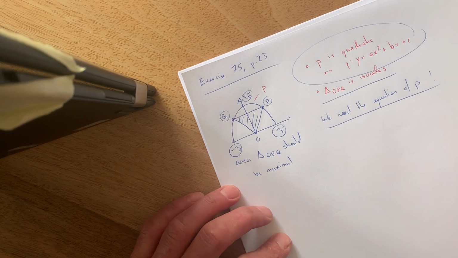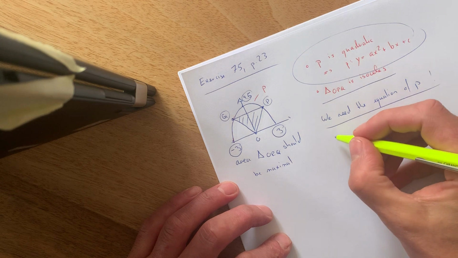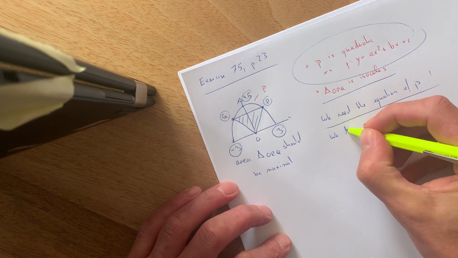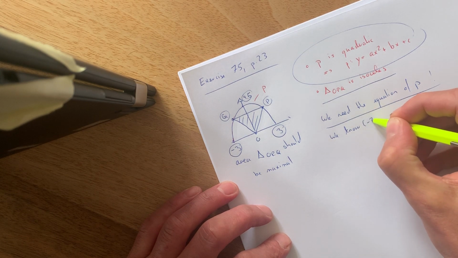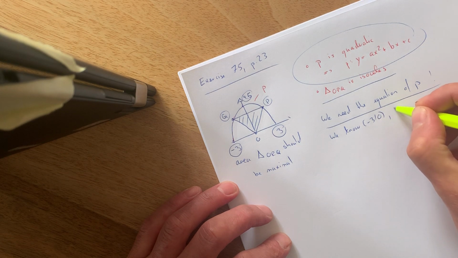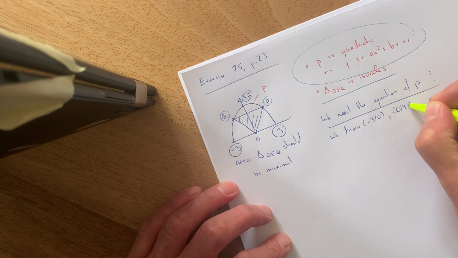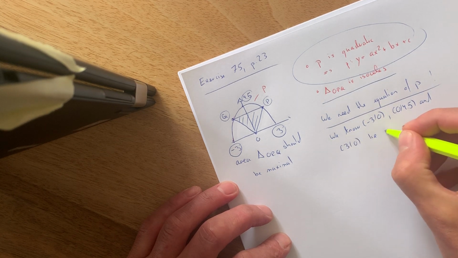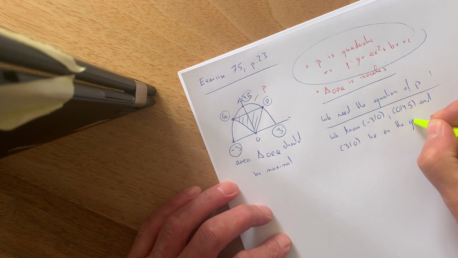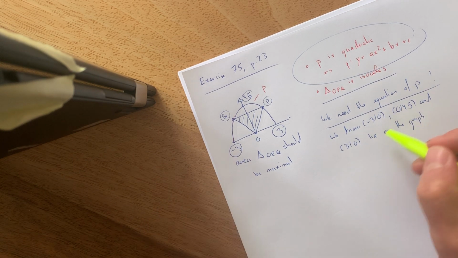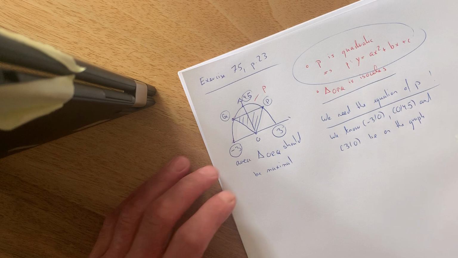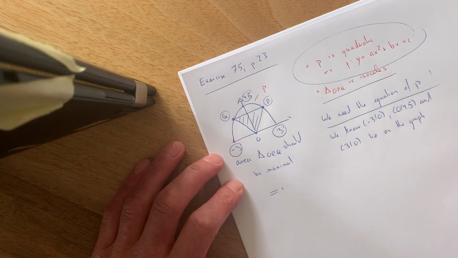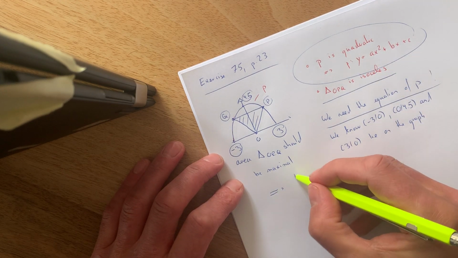This has nothing to do with optimization. This is just finding the function equation. So we know that (-3, 0), (0, 4.5), and (3, 0) lie on the graph. So we have 3 points lying on the graph, which means we can set up an equation system and find the equation of the parabola.